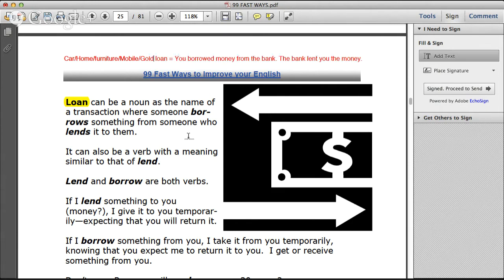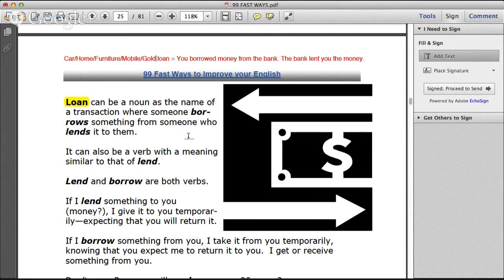Oh, gold. Okay, gotcha. If you were to buy a diamond ring or something like that, jewelry, that would be gold. Make sure to add that L in there. I thought you were saying goat. Sorry. No problem.